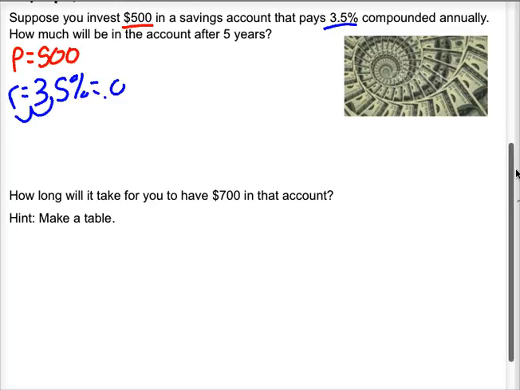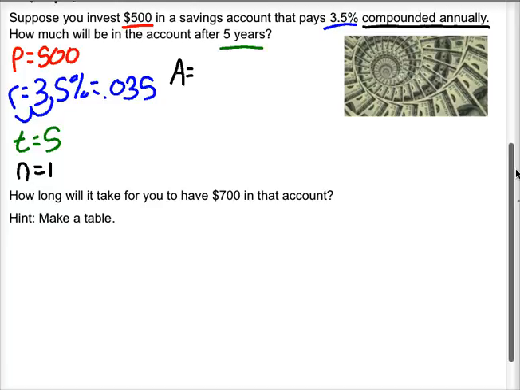So that's going to be 0.035 as a decimal. 5 years, so my T is 5. And compounded annually is going to mean my N is 1. That means once a year.